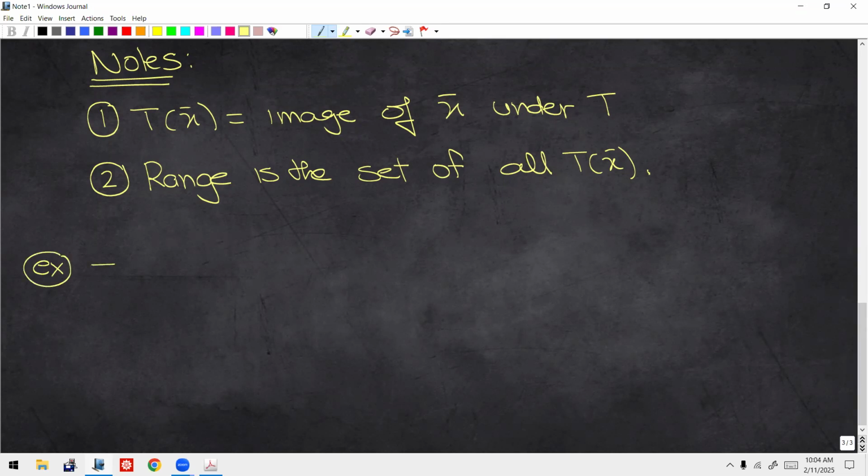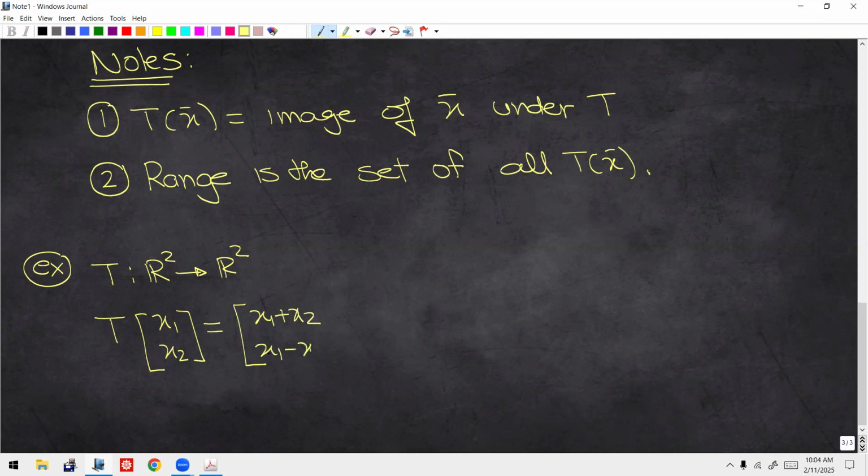So let's say we have a transform T from R^2 to R^2, and it's defined as T. So it's going to take a vector in R^2, which has two components, and give you a new vector, which looks something like this, x1 plus x2 and x1 minus x2. So this is the definition of the transform.